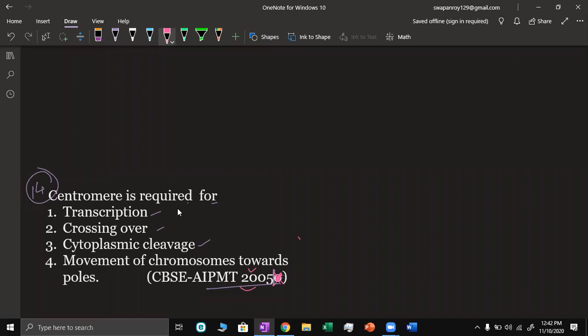Centromere is required for what? Transcription. Transcription is the synthesis of RNA.